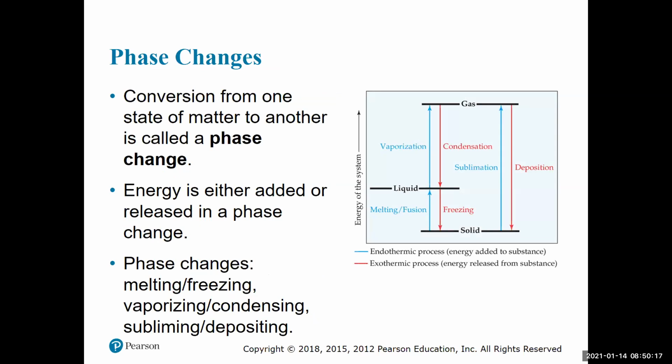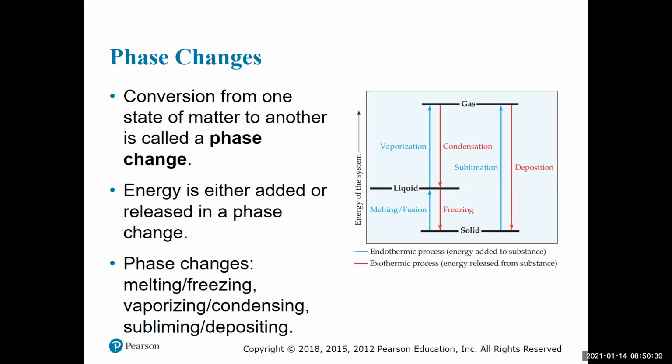If we put energy into it, is that endothermic or exothermic? Endothermic, good. Endo, in. And so if energy is coming out, given off, it's exothermic. The phase changes we're talking about are melting, freezing, vaporizing, condensing, subliming, depositing.